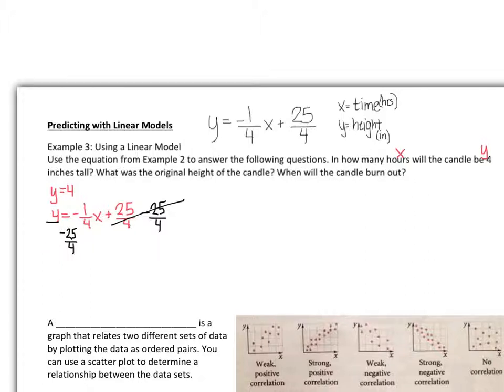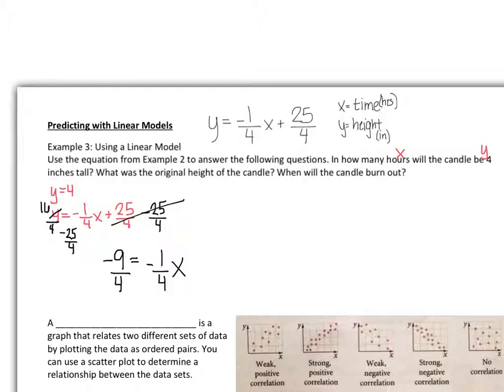If I multiply by 4, what does the numerator become? 16. So what's 16 minus 25? Negative 9. So negative 9 over 4 equals negative 1 over 4 x.